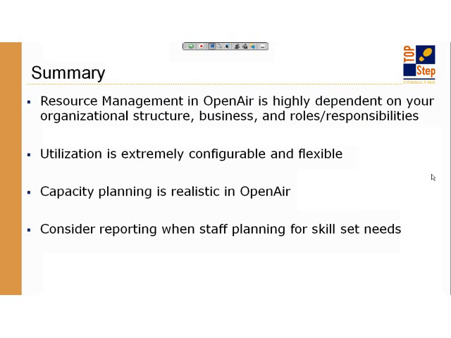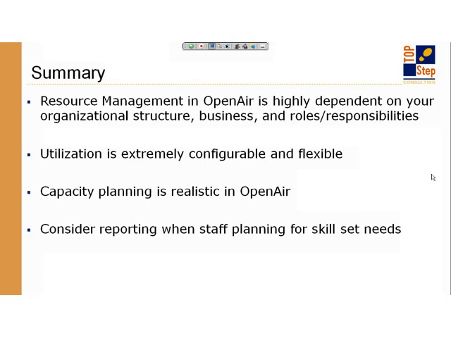If you didn't think about it before, think about it now, because capacity planning is realistic in OpenAir. You have people, you know what they're supposed to work, and you know ideally what your average bill rate is, or maybe your bill rate by job code. All the values are there. You just have to put them together and have OpenAir calculate the results for you. Okay.